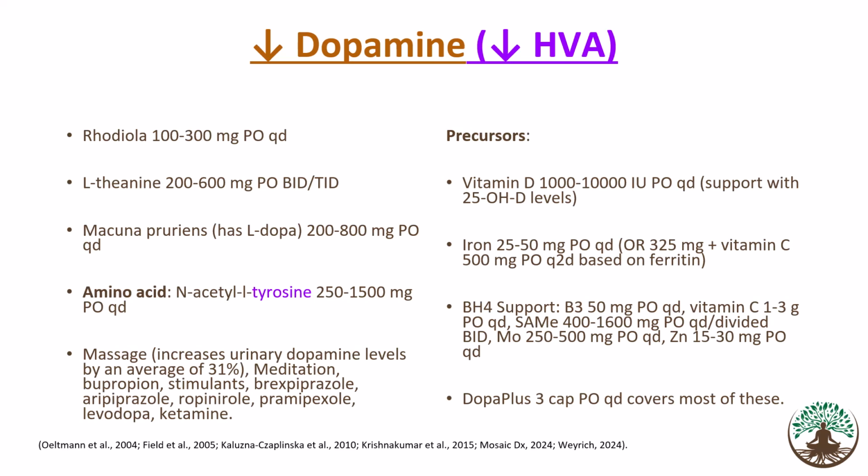An option unique to supporting dopamine is mucuna pruriens, which contains L-DOPA. Pharmaceutical options for low dopamine include bupropion, stimulants, brexpiprazole, aripiprazole, ropinirole, pramipexole, levodopa, and ketamine. A few non-pharmacologic options include massage and meditation.